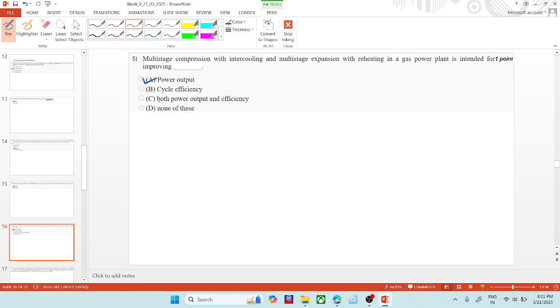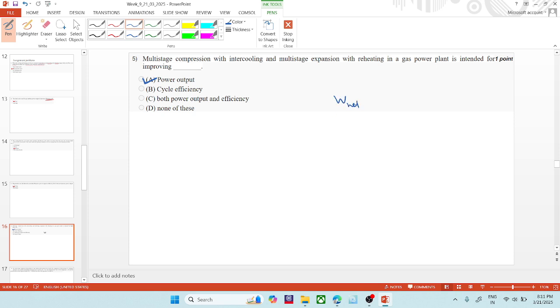Okay, so we can prove this from the derivation, or we can look at it in a different way. Here we are increasing the heat supplied, and for the same heat we can't get an equal amount of work output. So that is why the overall efficiency will get decreased. Only the power output will get increased.